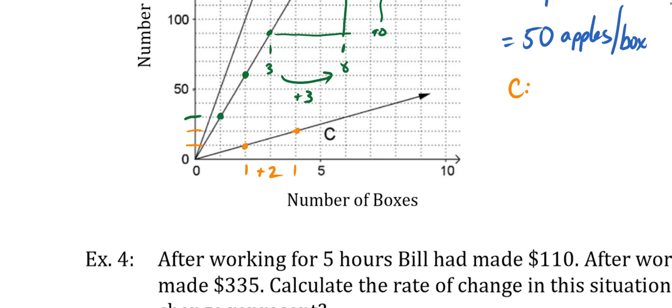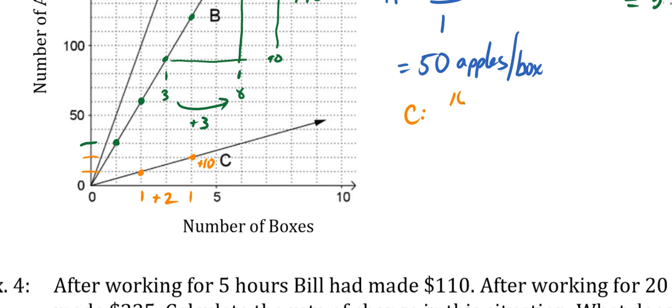It's really important that you figure out what the scale is counting by and you look closely and you've got that. So that is plus 10 apples over 2 boxes. So 10 apples in 2 boxes is 5 apples per box. So a very small box and a very not steep or shallow kind of line. Does that make sense?